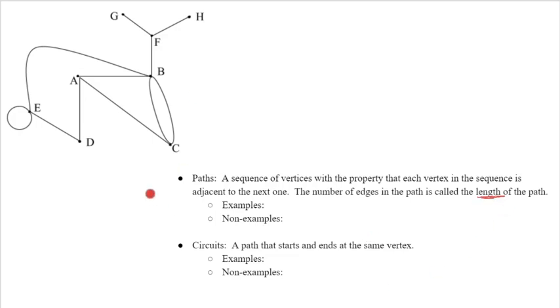So, for example, I could create a path from A to E that goes A, D, E. That is an example of a path, and the length is 2, because it took us 2 edges to get from A to E.